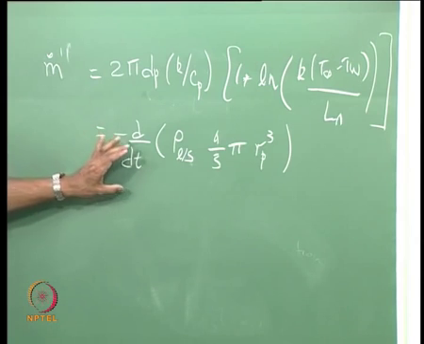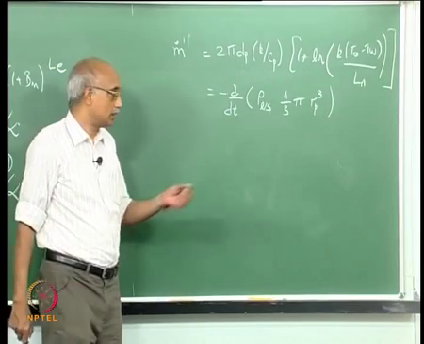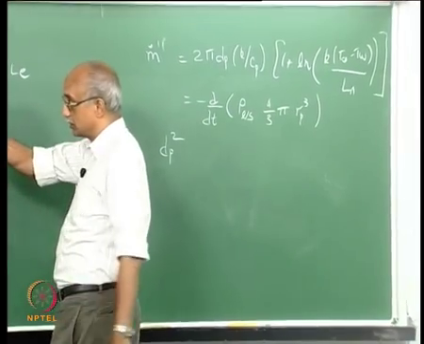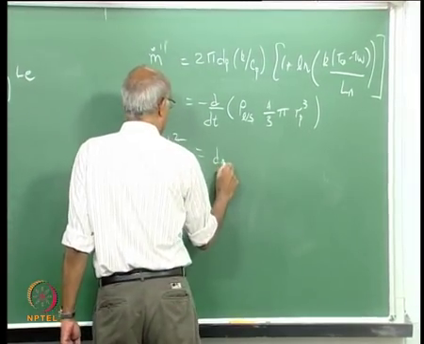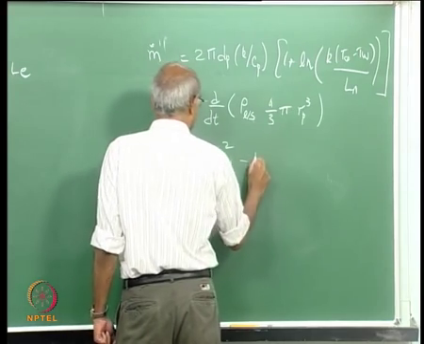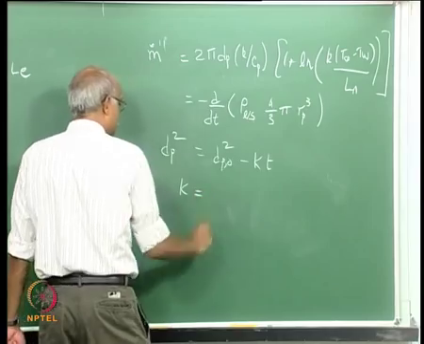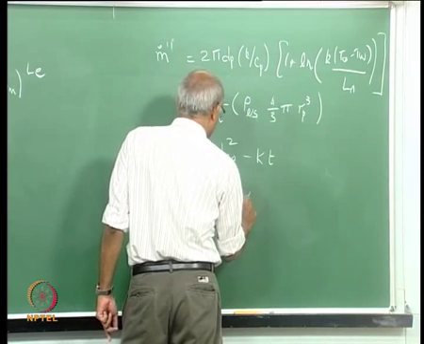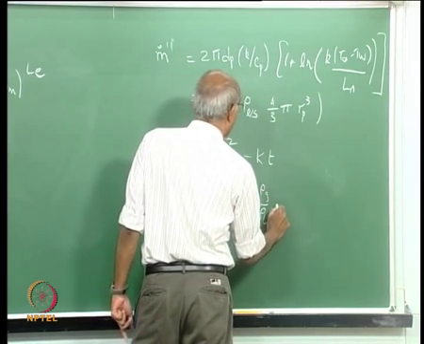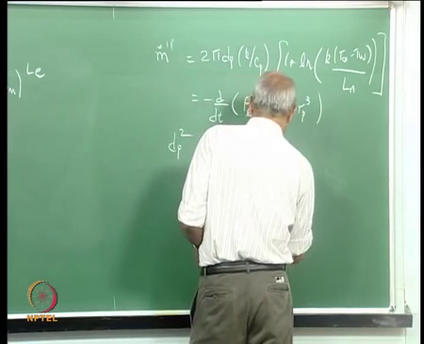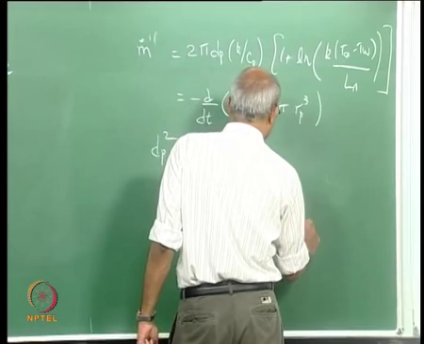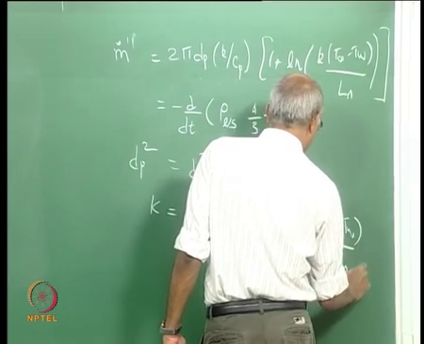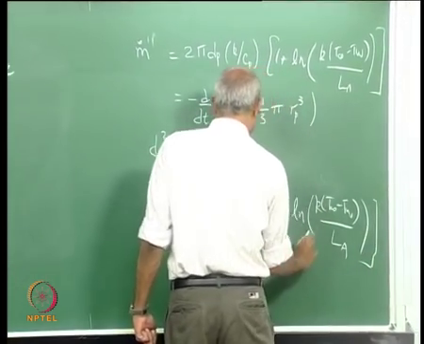And when you do that and now you integrate for Rp or dP, that's when you extract the expression that we had written down earlier, that dP squared is given by dP0 squared minus kT, where the k value now can be extracted from solving this equation as 8 times alpha rho g by rho L times 1 plus logarithm of k times T infinity minus Tw over La.